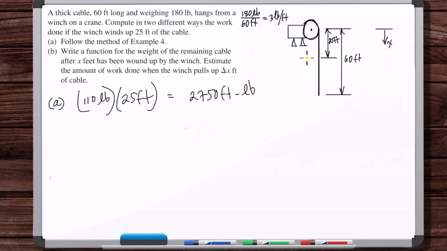Think about it. When this gets lifted 25 feet, there is no issue. We don't need integration, because it's not like a portion of the weight gets taken out. The whole main issue of this problem has nothing to do with this lower 35 feet of cable. It's just 110 pounds of cable that gets lifted 25 feet. Because think about it, let's say we did do the integration. We had each of these broken up into a little piece.